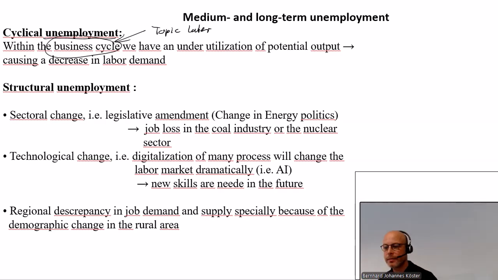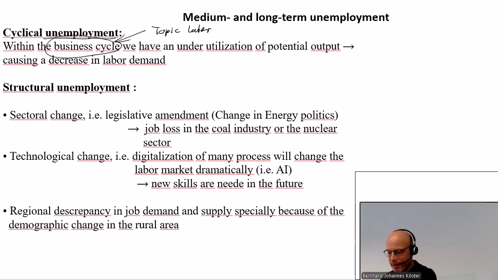There we will talk a little bit in more detail about the business cycle, but in general we can say that we have a business cycle within 7 to 10 years, where the time pattern between a boom and a recession really repeats every time.